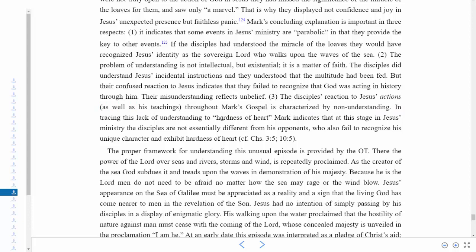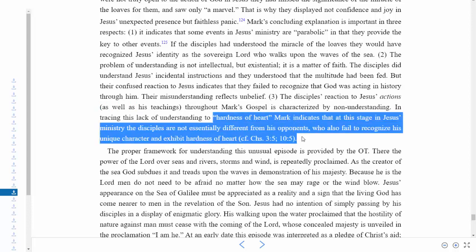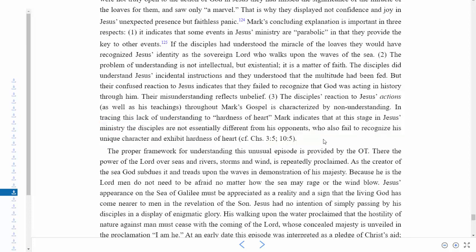And now he comes to this phrase, the hardness of heart, and makes a rather astonishing statement. Mark indicates at this stage in Jesus' ministry, the disciples are not essentially different from his opponents, who also fail to recognize his unique character. And they also then exhibit hardness of heart.